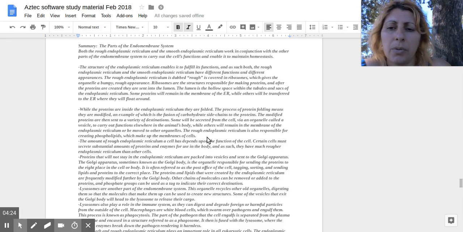The structure of the endoplasmic reticulum enables it to fulfill its functions, and as such, both the rough and smooth ER have different functions and different appearances.